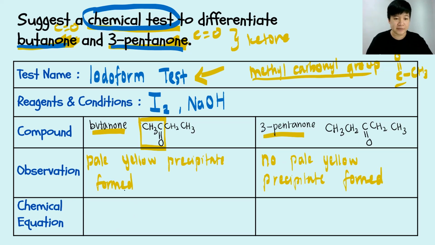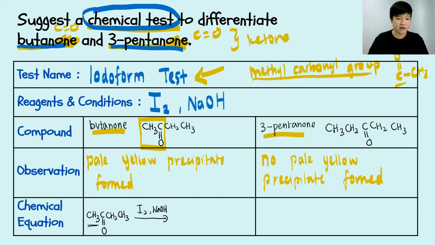Next, writing the chemical equation. So your butanone over here, you have your CH3, C double bond O holding another 2 carbon to make it a complete 4 carbon ketone, butanone. Reacting with your I2, NaOH, what will happen, guys?